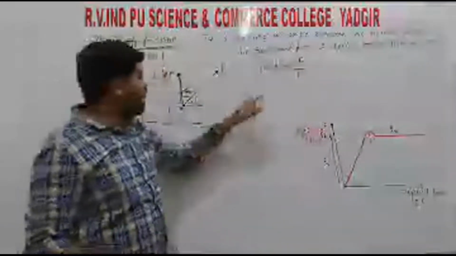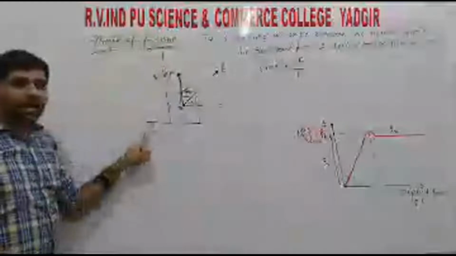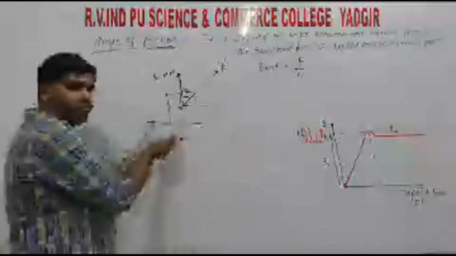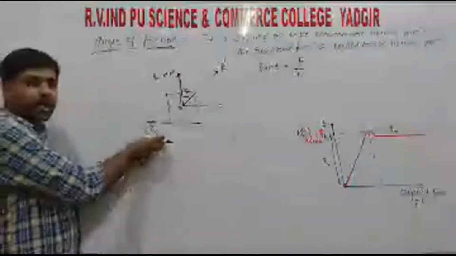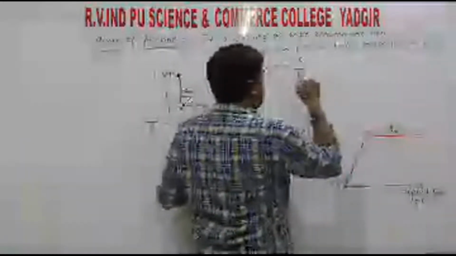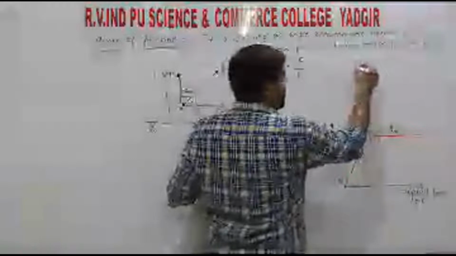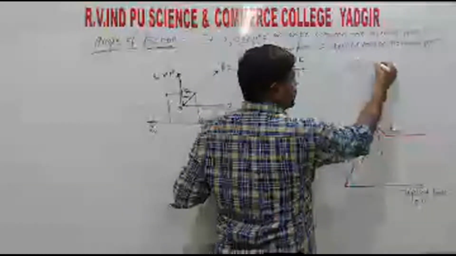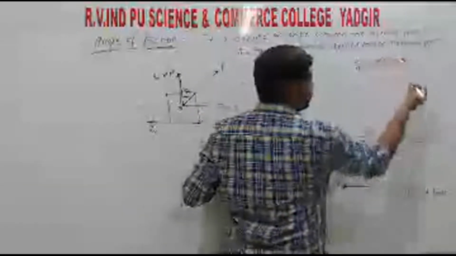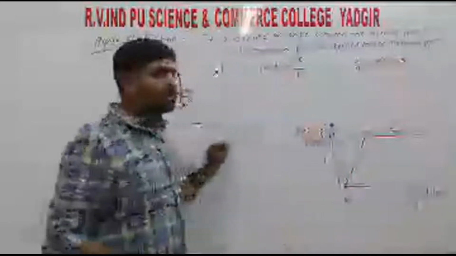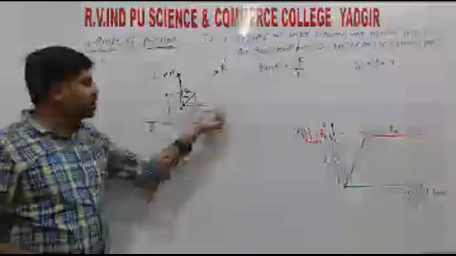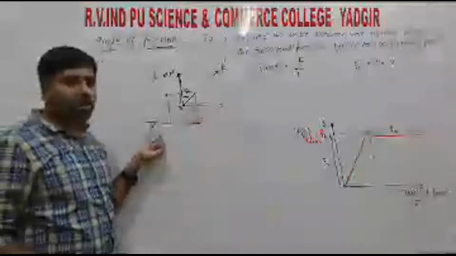So this applied force is equal to the kinetic friction. Now whatever force we apply, what do we get? Kinetic friction. So the relation is, we can write kinetic friction Fk equals mu k into N, right? So this F we can write as Fk because the applied force is equal to the kinetic friction.